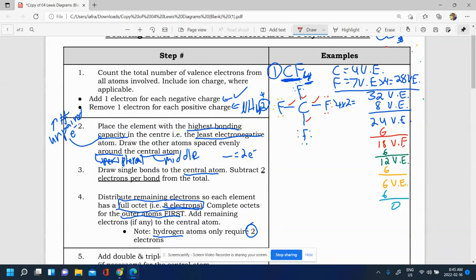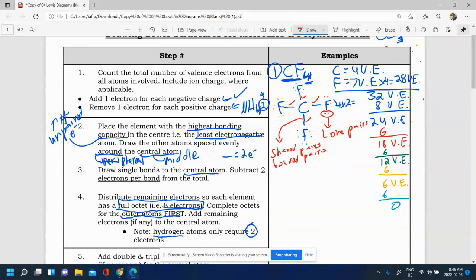Before we move on, I do want to label a couple terms to make sure you recall these terms from grade 11. So when you have electrons that are paired surrounding an atom, we call these lone pairs. They're not in the bond. When electrons are in a bond being shared, they can be called shared pairs or bonded pairs.